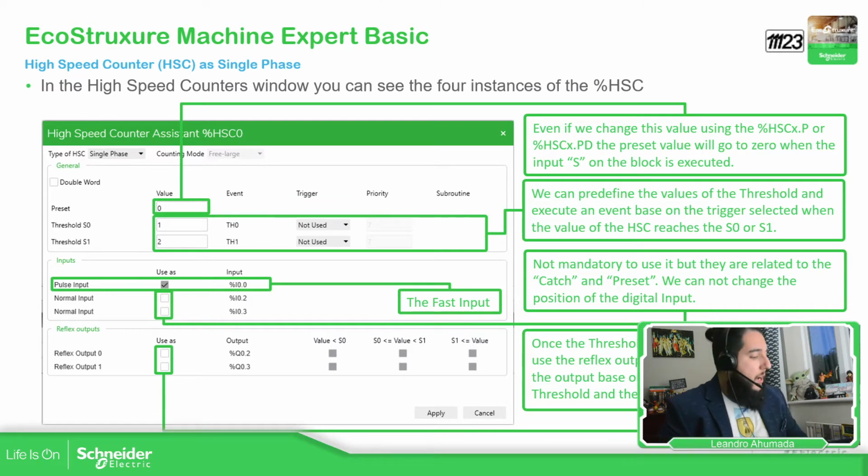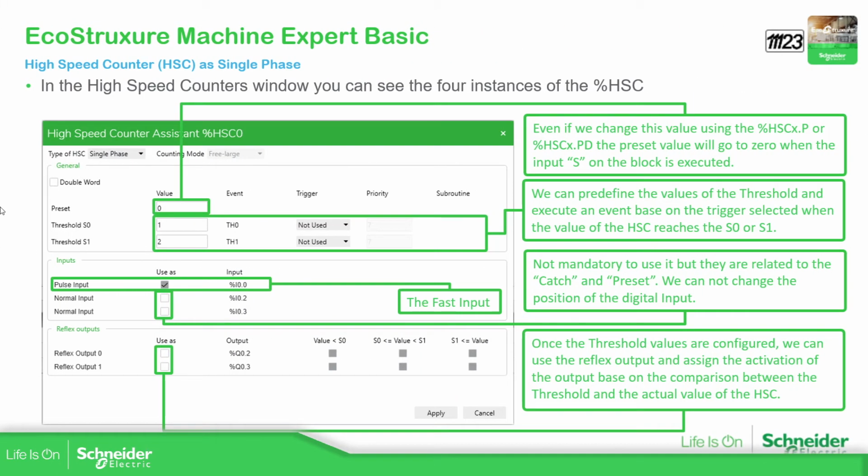Then what we have here is the possibility to link the inputs. By default, once you select, for example, this high-speed counter 0 as a single phase, you must use input 0 for the pulse, to take the pulses. This input 0 is related to the fast inputs.